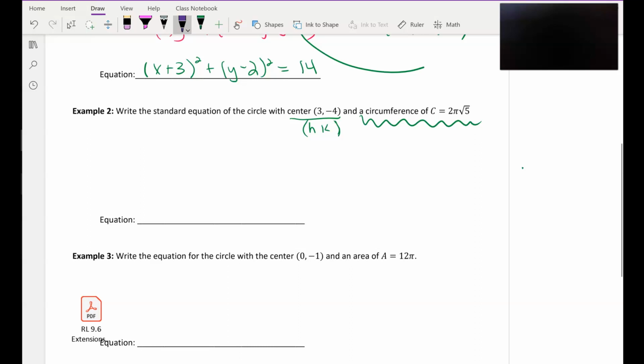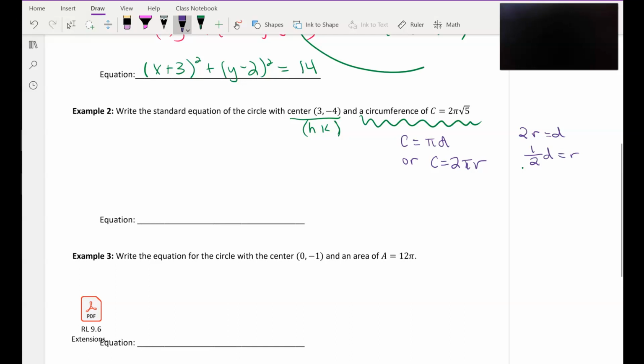I could either think of circumference as pi times the diameter, or as 2 times pi times the radius. Remember from everything we talked about before spring break that when we double the radius, that gives us the diameter, or if I divide the diameter by 2 or multiply it by 1/2, that gives me the radius.